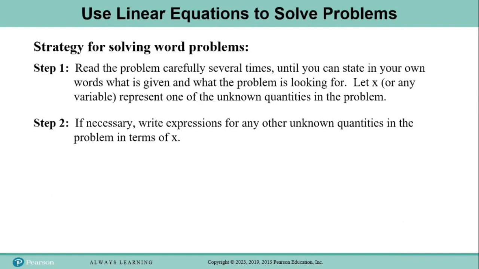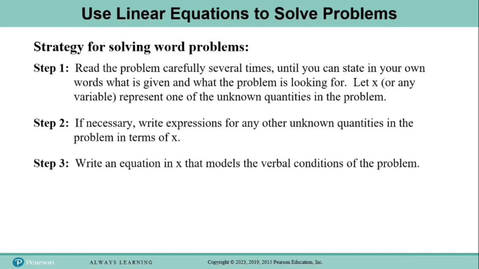Now, if there are other unknown quantities as well, then you might have to give them names too and write a little expression for each one of them in terms of X. In other words, write a little equation for that new variable that uses the first variable you named.